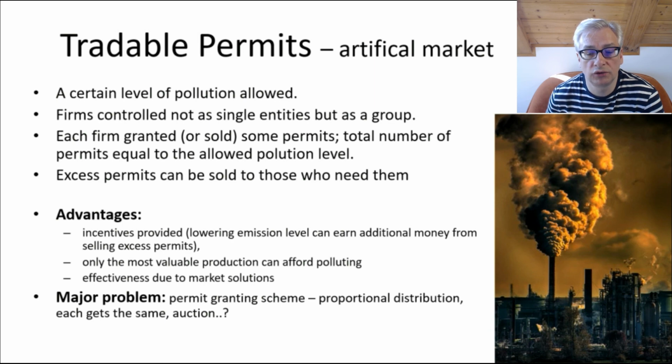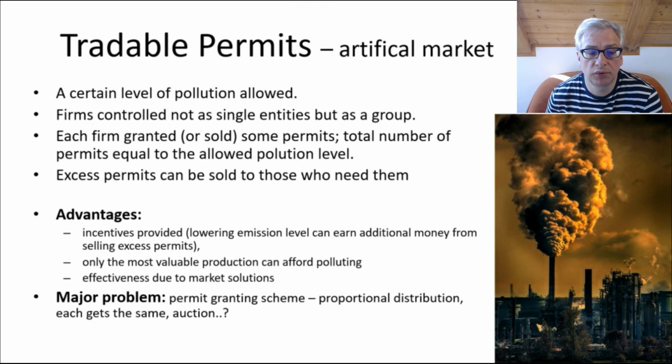There could be a group of producers that offer valuable production that would buy those spare permits from others. And the production that is not very valuable may be eliminated. So we can reach our goal of decreasing the emission level mostly at the cost of the least valuable production. So that is a kind of real hit here.